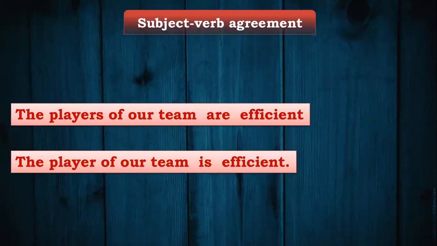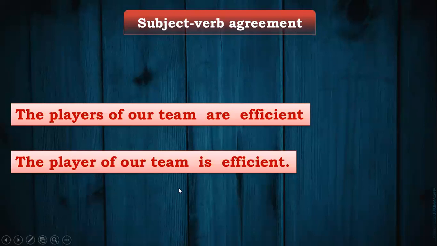On the other hand, in the second sentence, "the player of our team" is the subject. But don't you think there is a difference? In the first sentence, "the players" is a plural noun, while in the second one, it is a singular noun. Even the verbs are used in that manner. That means if the subject is plural, the verb will also be plural.